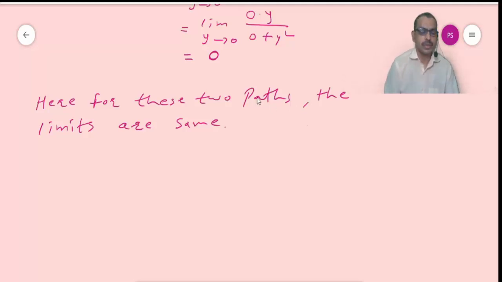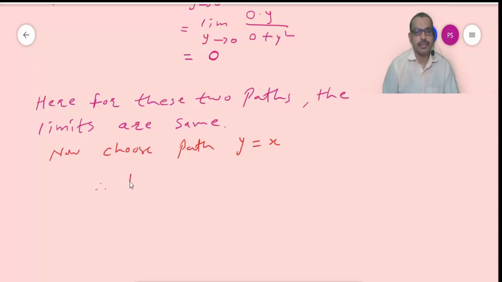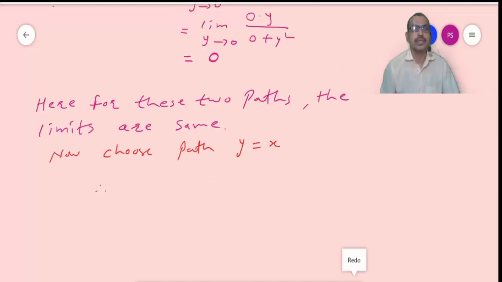So let us choose another path. Choose the path y is equal to x. Therefore, the limit of the function xy upon x square plus y square as x tends to 0.